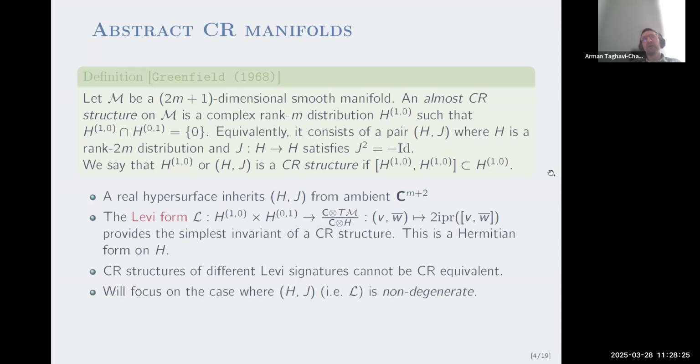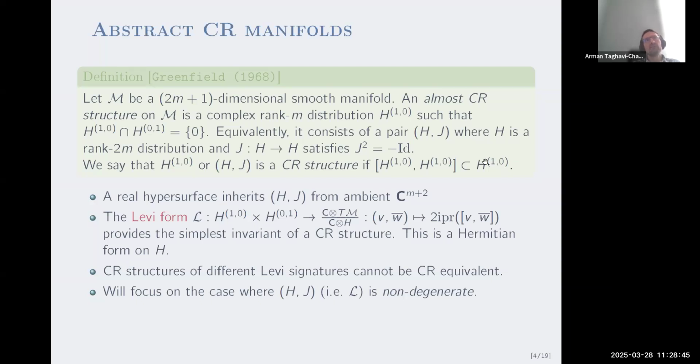There are a number of basic invariants that you can construct from these CR structures. The first one is the Levi form, which is a Hermitian form on this hyperplane distribution.